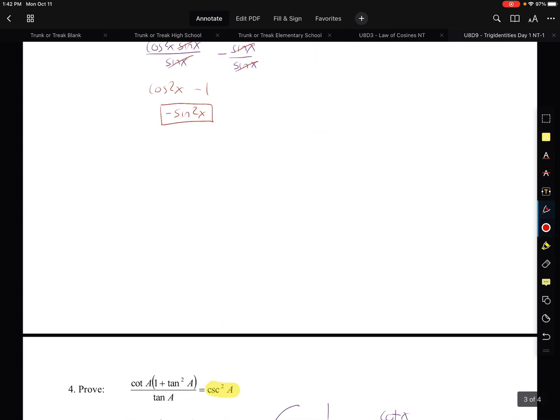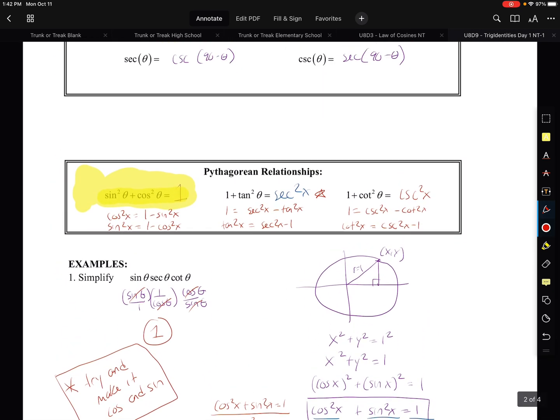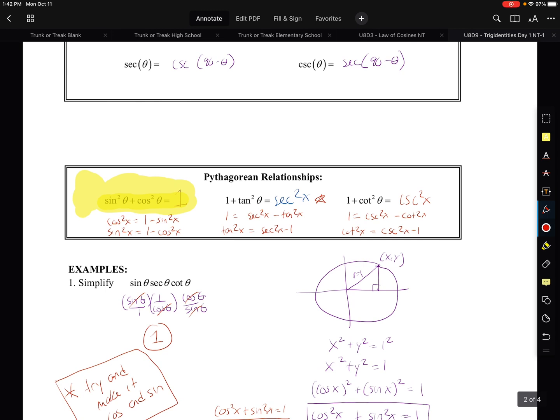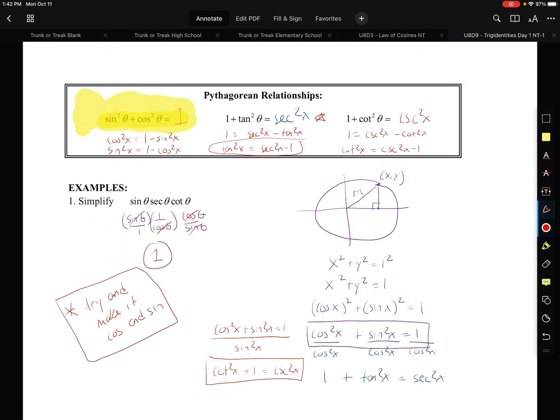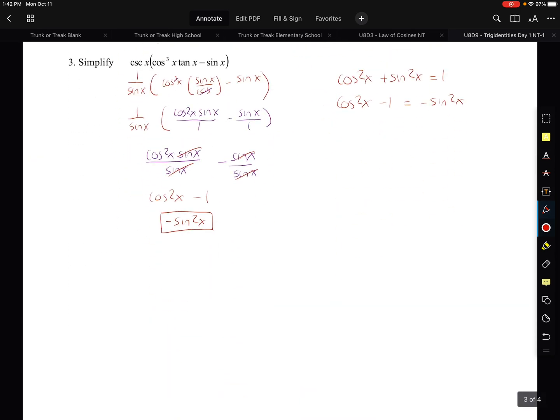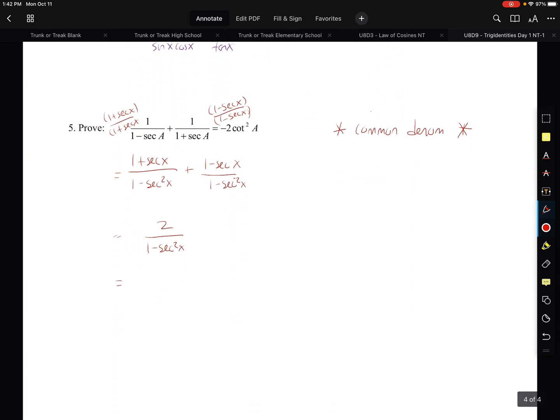All right, our identities. 1 minus secant squared x. We're kind of here. So we got something in the ballpark of that. Tan squared x equals secant squared x minus 1.